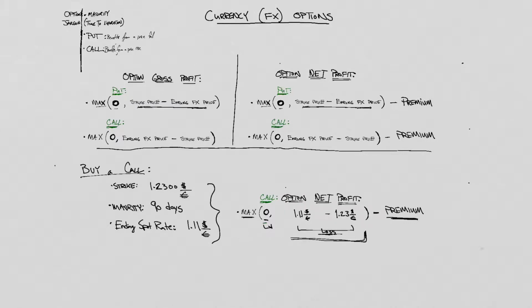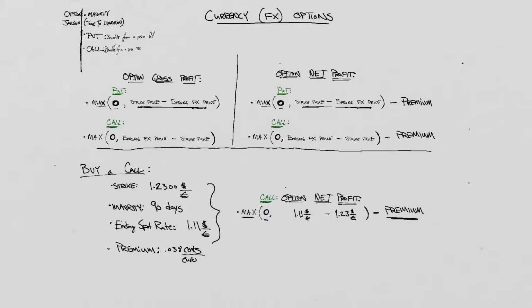And when it comes to premiums for a currency option, they are often priced in terms of percentages or a certain number of cents per foreign currency. So in this case, let's suppose we have a premium in the form of US cents per euro of 3.8 cents per euro.